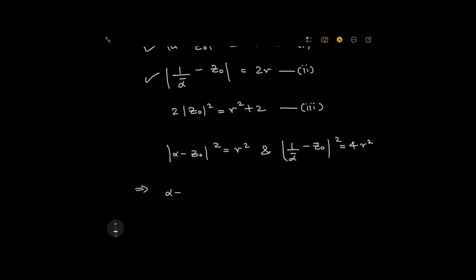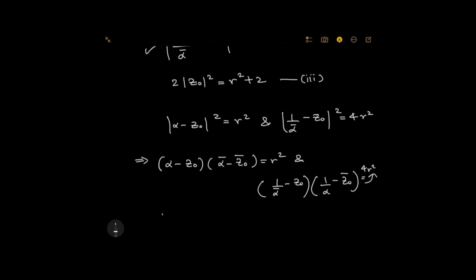Now we will use the property of modulus and conjugates and write it like this. And the second equation will be, I have just used the fact that, okay, this I have used.